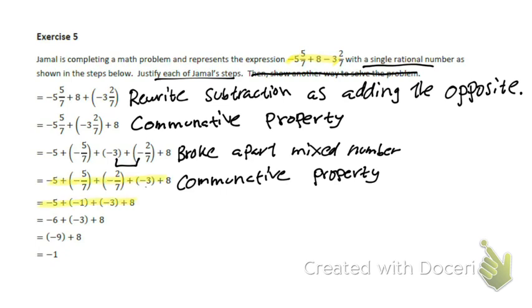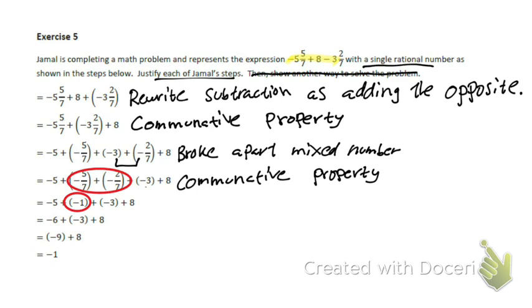Here, it's a lot shorter now, right? Looking at that step where we haven't written anything yet. Think about, where did that -1 come from? You combine these two together, right? What's 5/7 and 2/7? That makes 7/7, which is 1 whole. But since they're both negative, that makes -1.